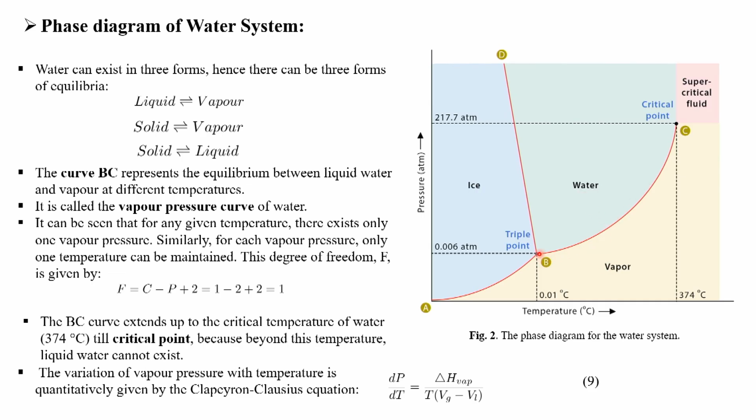Along any point on this line, you get two phases, liquid water as well as water vapor. If we consider, suppose, this point here, at this point you get both phases, water vapor as well as liquid water.